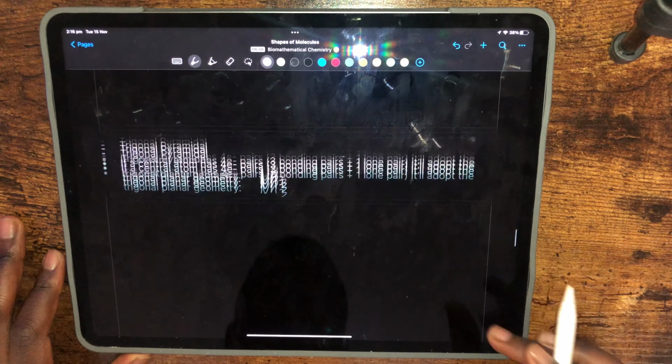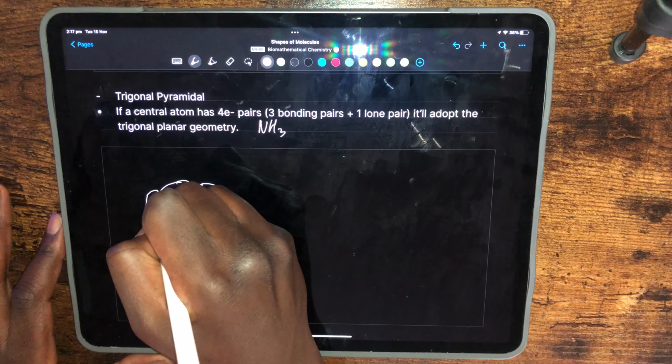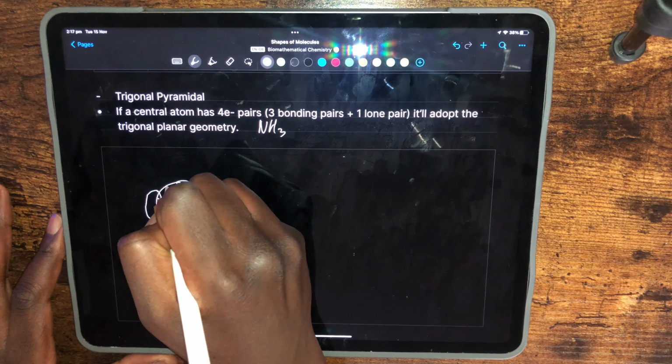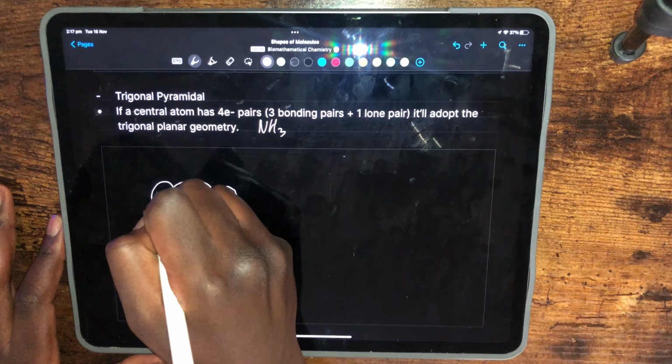So if we're doing ammonia, it will be nitrogen here. Actually, you know what, let me make it a bit more clear for you. 1, 2, and 3 from the hydrogens.